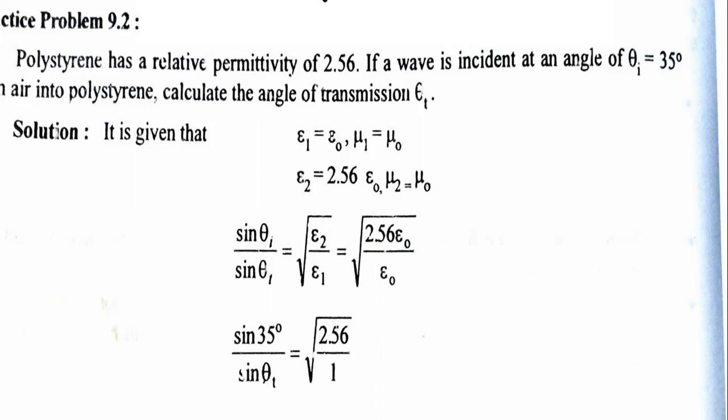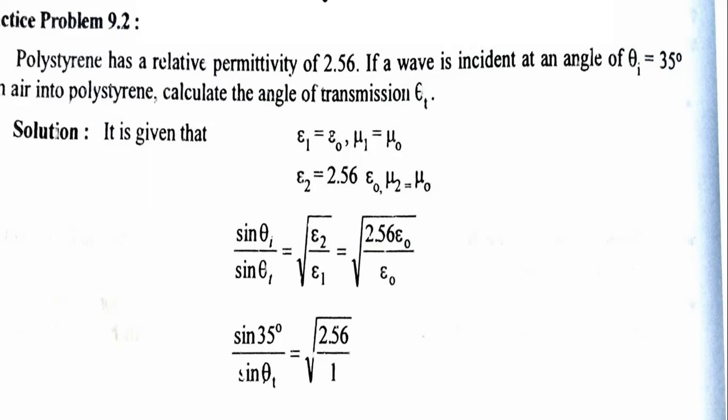The epsilon 0 will cancel out in the numerator and denominator, and 2.56 will remain. Root of 2.56 divided by 1, with sine of 35 degrees mentioned.